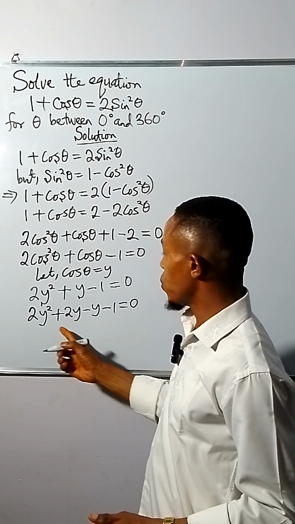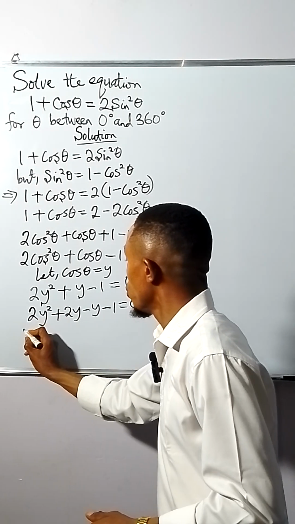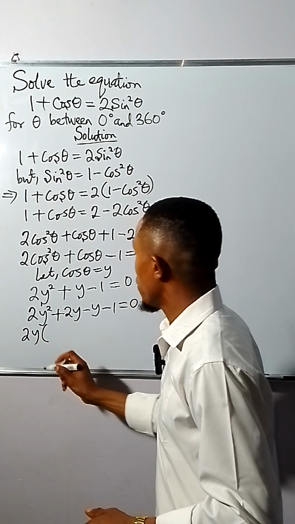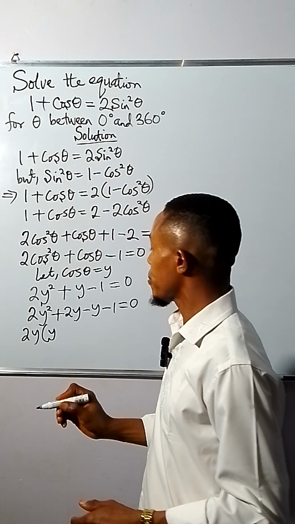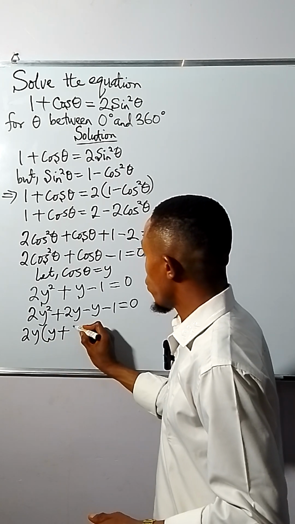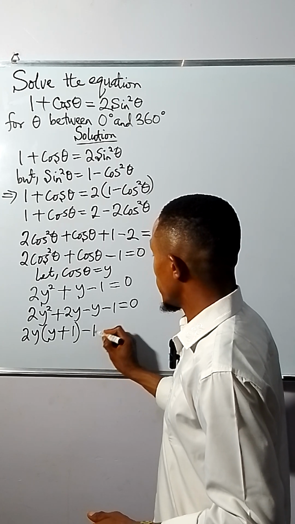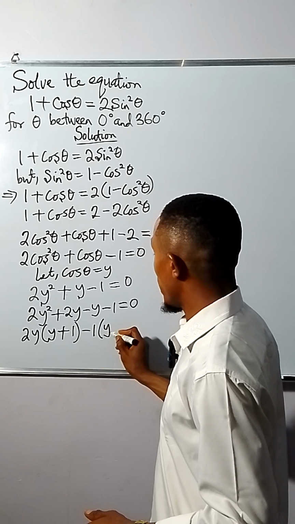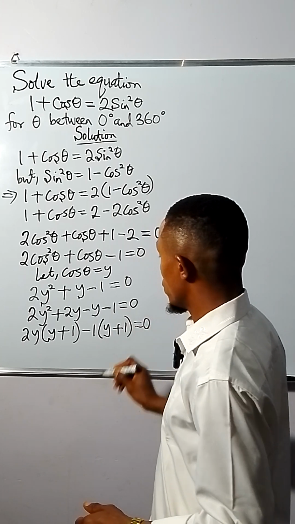Let me factorize. What is common between 2y squared and 2y? 2y is common. So 2y goes here: 2y squared divided by 2y gives y, plus 2y divided by 2y gives 1. Then minus 1 into y plus 1 equal to 0.